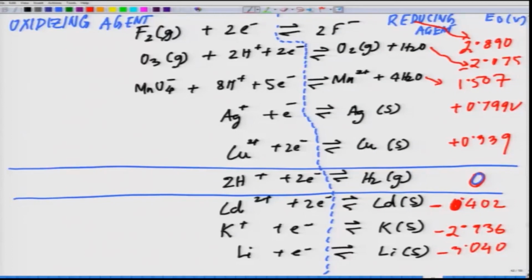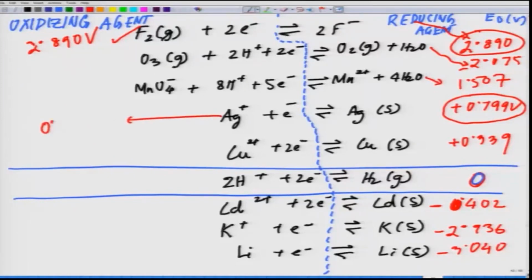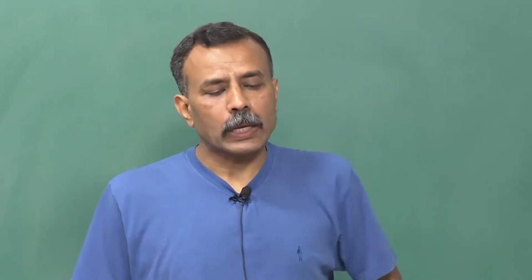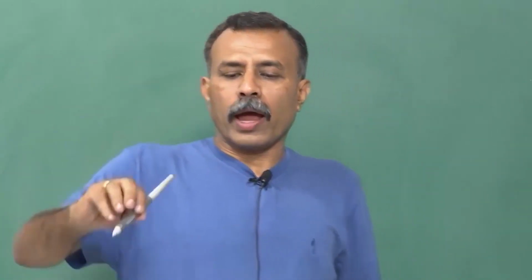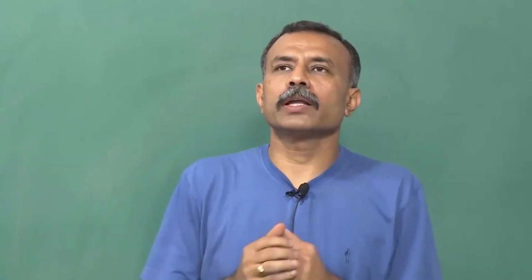Physically, if you look at this picture, say fluorine has a value of 2.890 volt as compared to silver, which is 0.799 volt. Say I make a cell of silver and fluorine, just for imagination's sake, and I ask you the question: who is going to pull the electron faster?